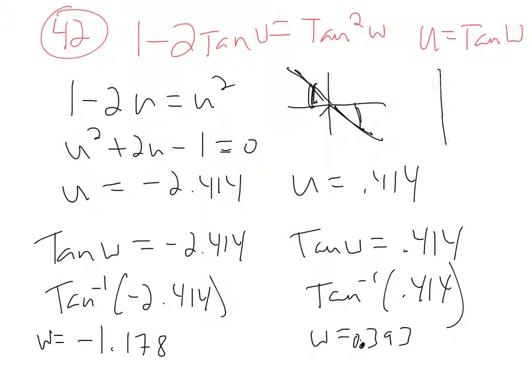I know that the arctan graph looks something like this, and I know it's limited in range from -pi/2 to +pi/2.